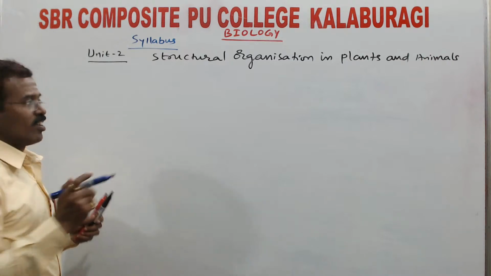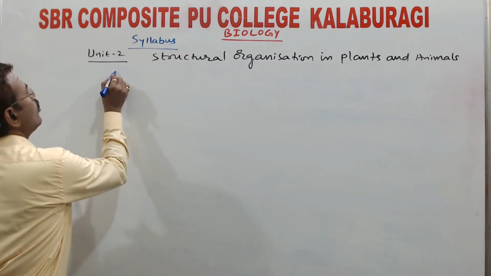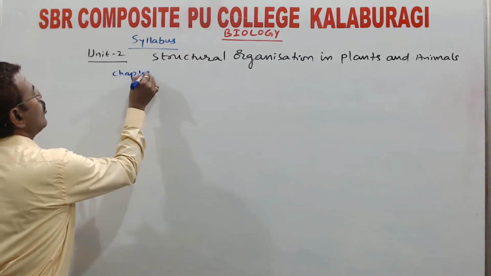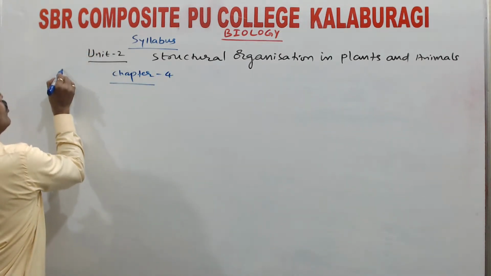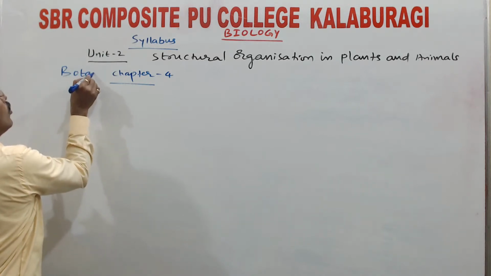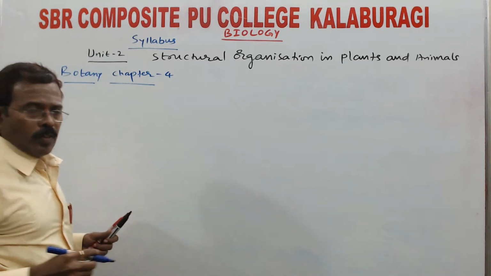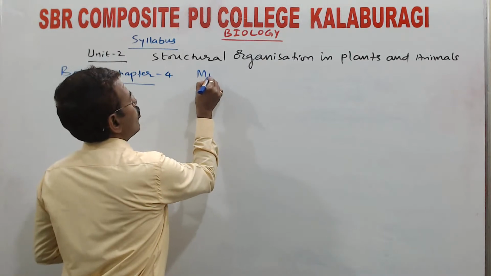Here the fourth botany chapter, chapter 4, that is morphology of flowering plants.